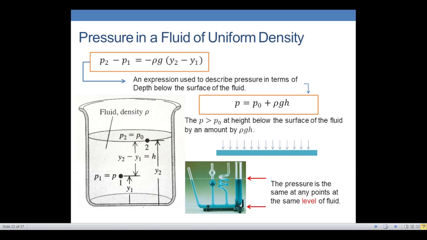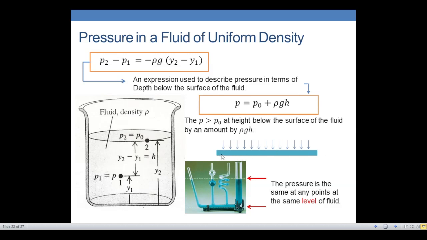So if the density is bigger compared to the other types of fluid, the pressure is also different. Now we have to remember that the pressure at a particular level, the same level, has the same magnitude.